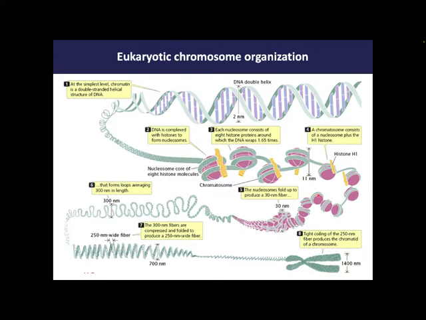These histone proteins also fold up to produce a 30 nanometer fiber, and these fibers form loop structures, which are further compressed and folded to produce a 250 nanometer wide fiber, and these fibers are further coiled and tightly packed into the chromatid of a chromosome.